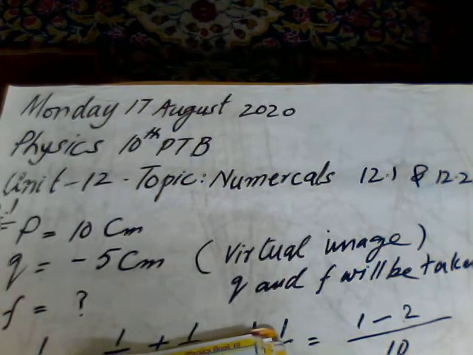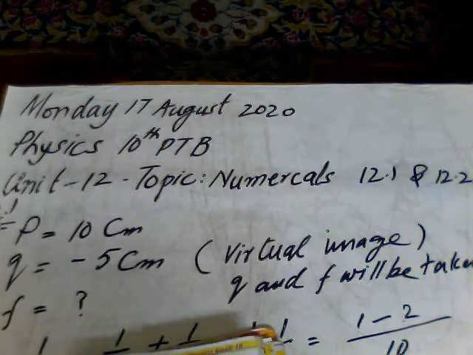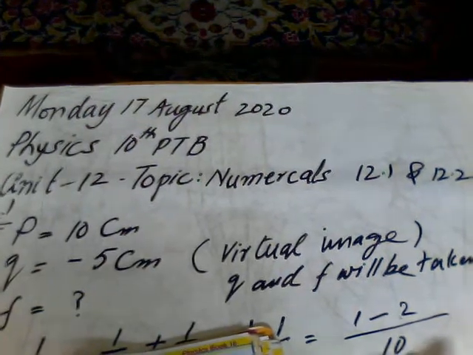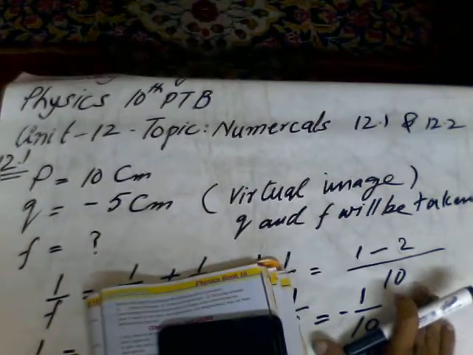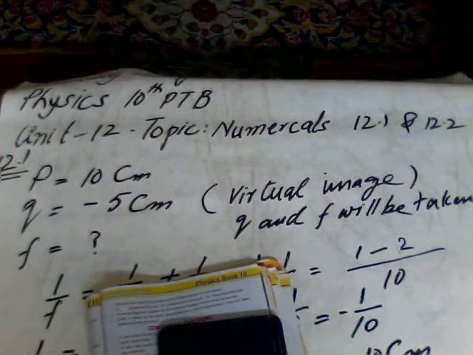So a virtual image will be formed, because we have already learned while studying the theory that for a diverging mirror, the virtual image and focal length will be considered.